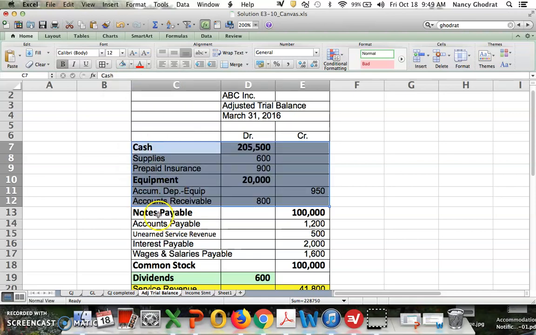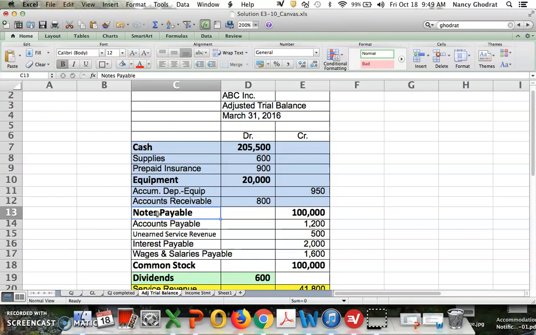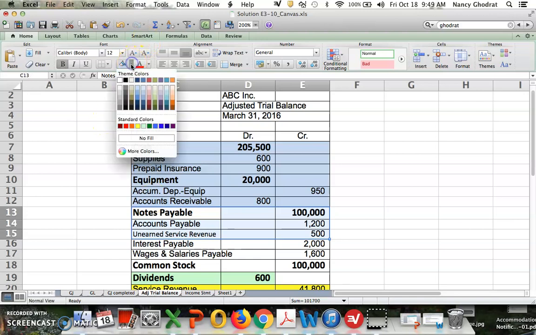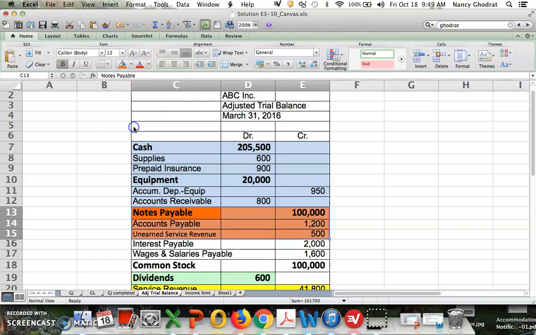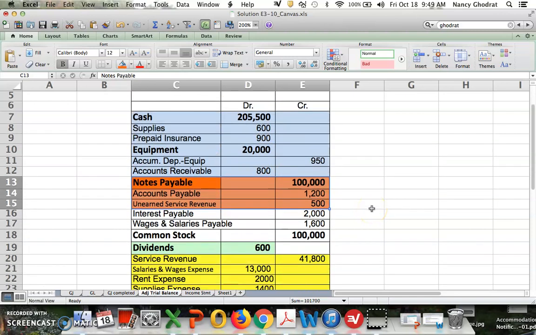Then you need to show your liabilities, which are notes payable, accounts payable, unearned service revenue. So let's show those in a different color. How about orange? And there is also interest payable and wages payable, which I didn't pick up. So those are your liabilities.